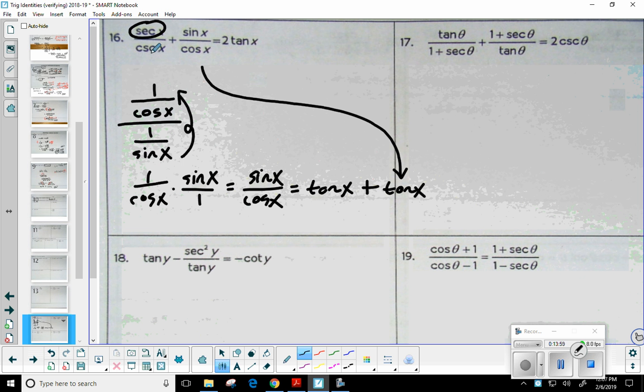If you change sine over cosine right back to tangent, tangent plus tangent is 2 tangent of x. Perfect. Very good. Excellent. And that's all you got to do. On these later problems, just choose one side and somehow rewrite it to get the other.